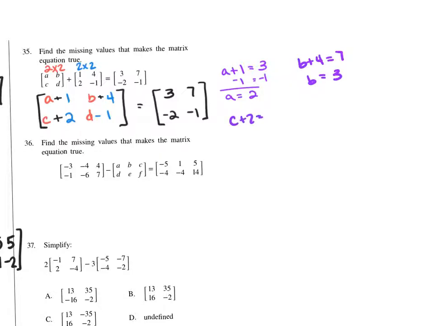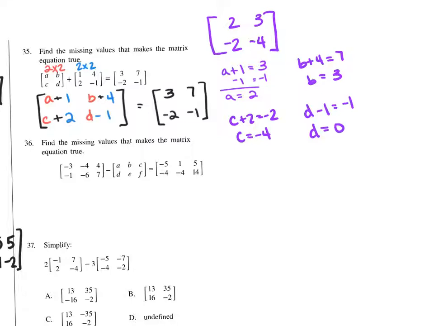C plus 2 is equal to negative 2, so C equals negative 4. And D minus 1 is equal to negative 1, so D is equal to 0. And so A, B, C, and D should be equal to 2, 3, negative 4, and 0.